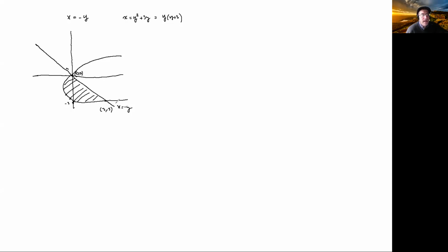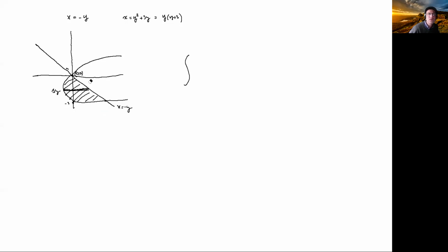Now if we take a strip of thickness delta y, we're going to integrate with respect to y, since it's easier to do the problem that way. Then we're going to compute the integral from, oops, I think I made a mistake here. This is not correct. Let me erase. This is not the intersection point.